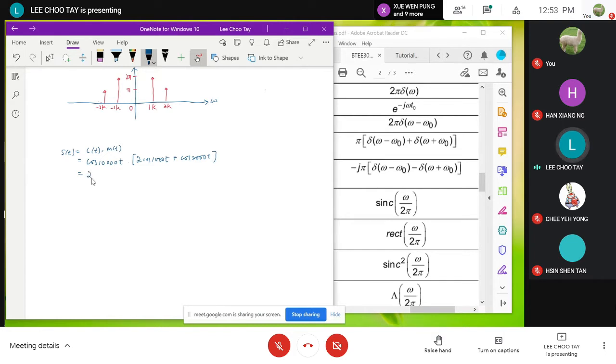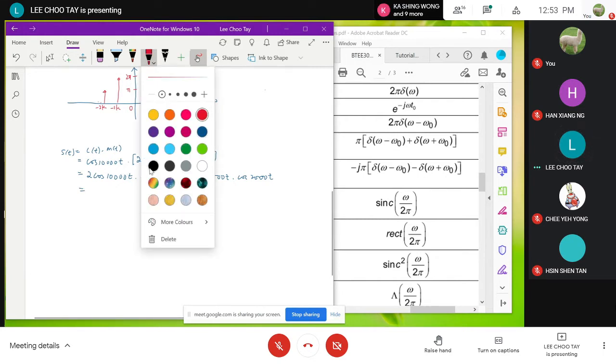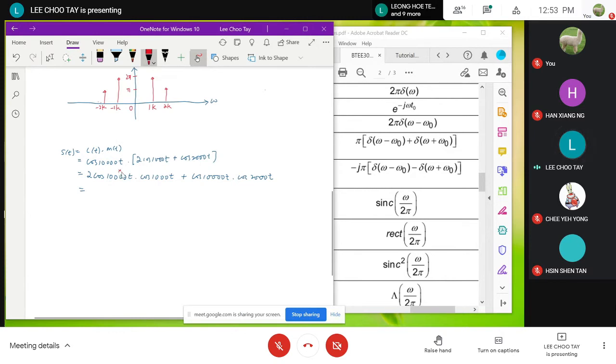So there will be 2 cos 10,000t times cos 1000t, plus cos 10,000t multiplied with cos 2000t. This is cos x cos y, and this one, let's say I call it cos A cos B.